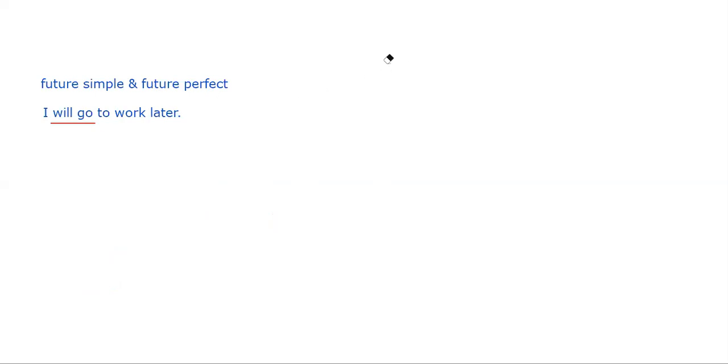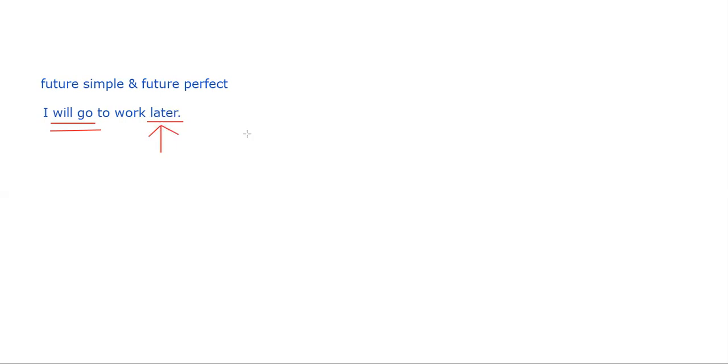Really easy. But anyway, back to our example, we have "I will go to work later." The word "later" makes it pretty obvious that this event is going to take place at a point in time that will occur later from now.